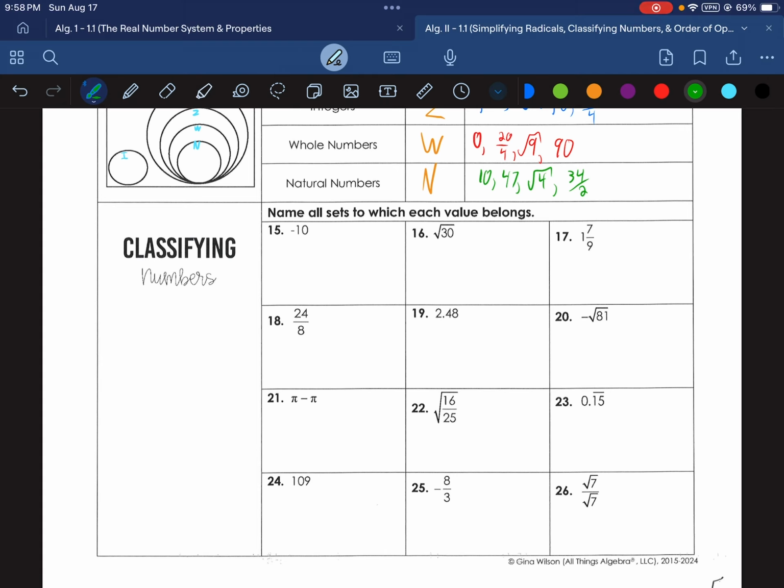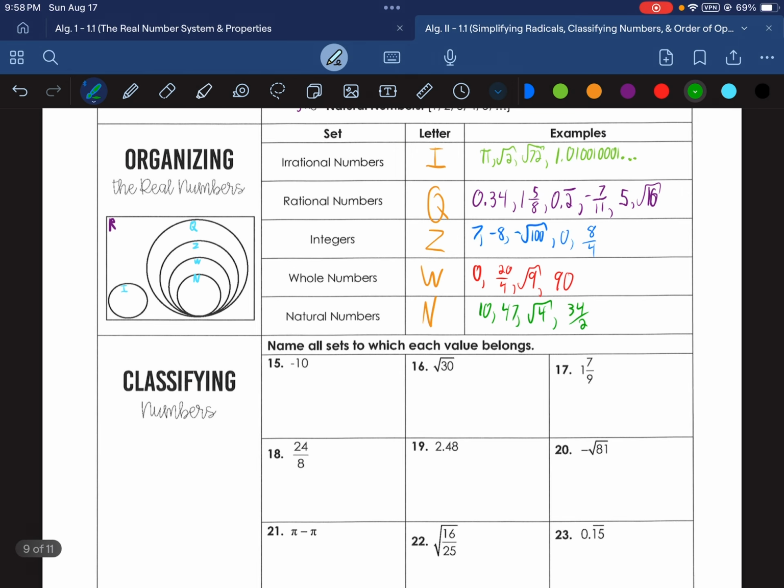So let's work on classifying these, and we're going to name all sets to which the value belongs. So for example, -10. The smallest set it belongs in is integer, so we'll put Z for integer.